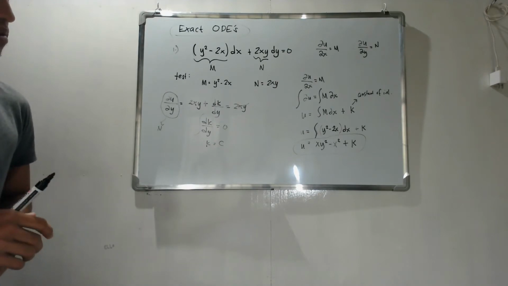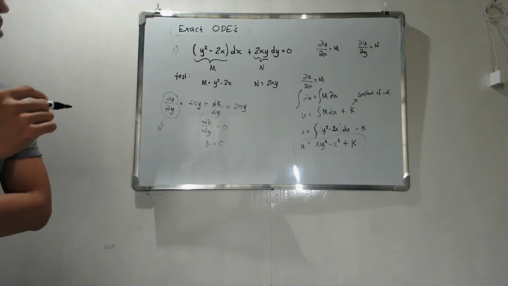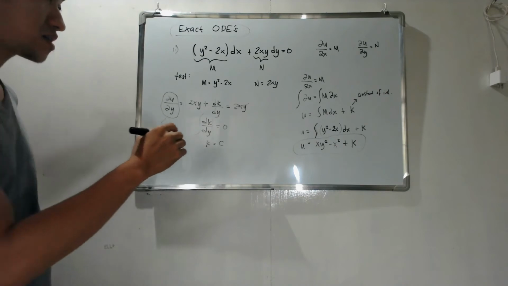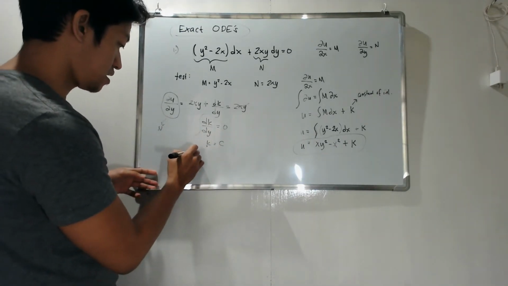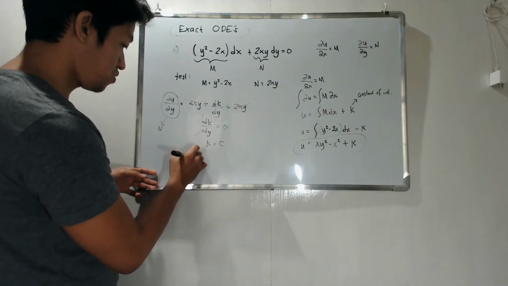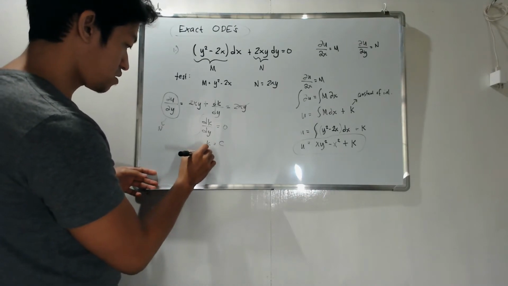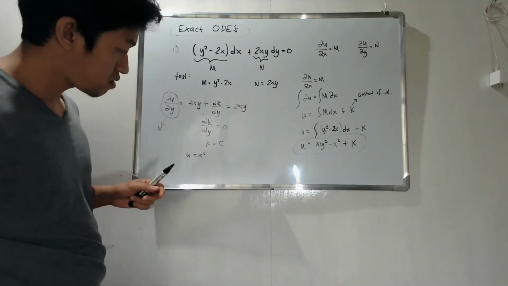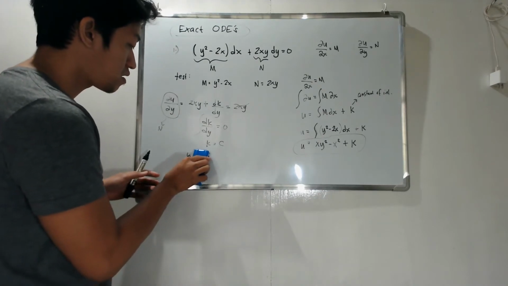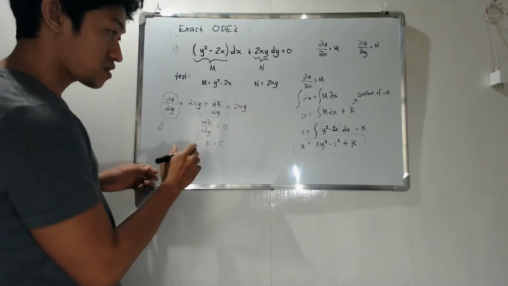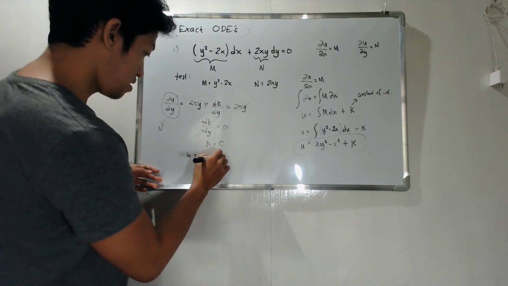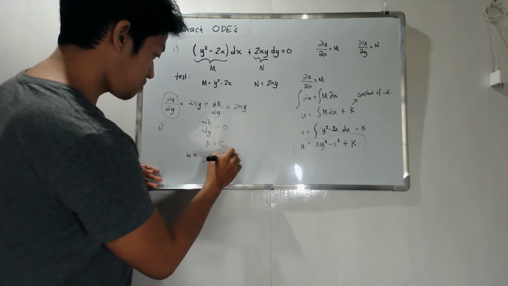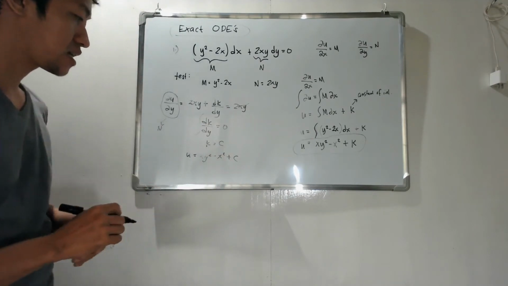K is just equal to constant. Therefore, u is equal to x y squared minus x squared plus c.